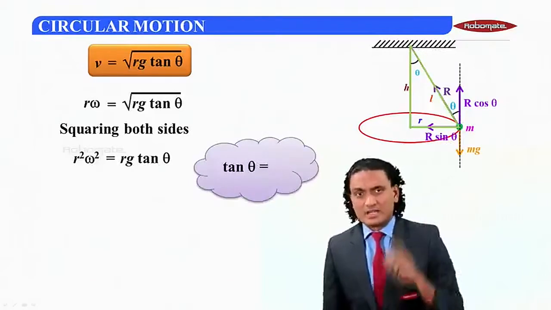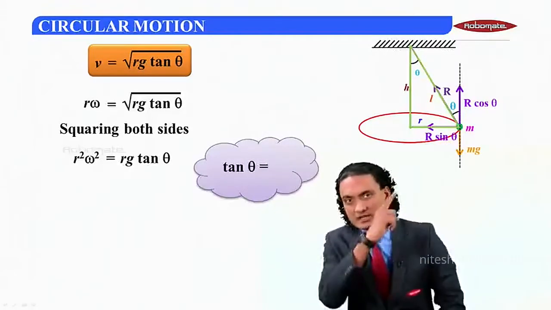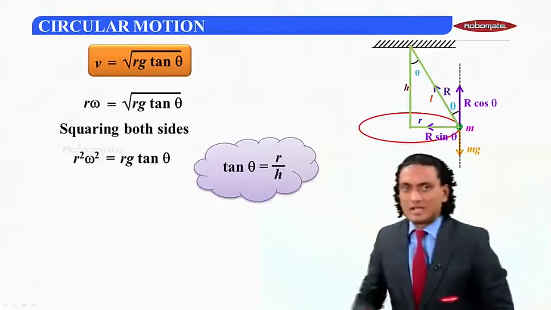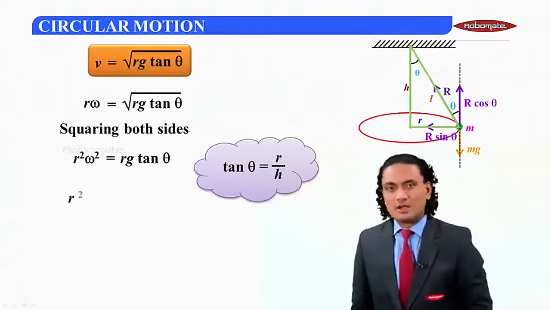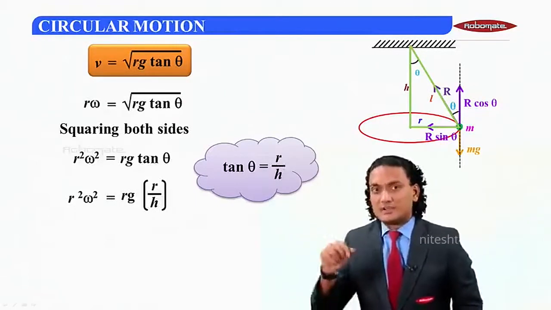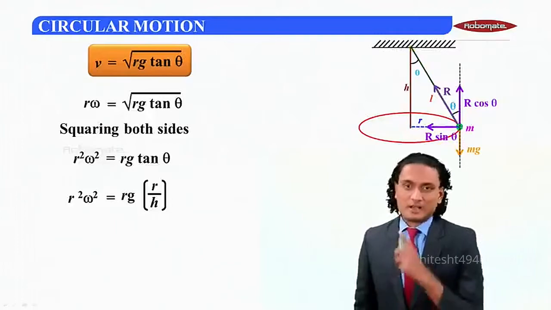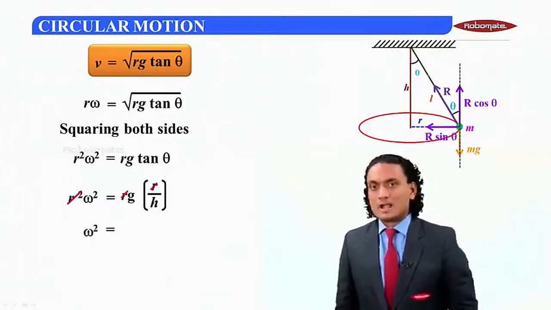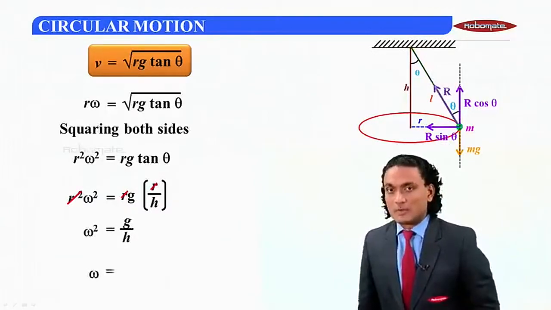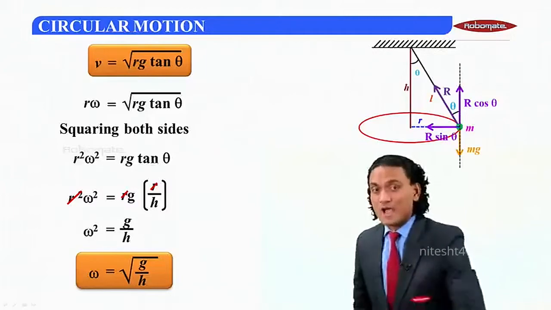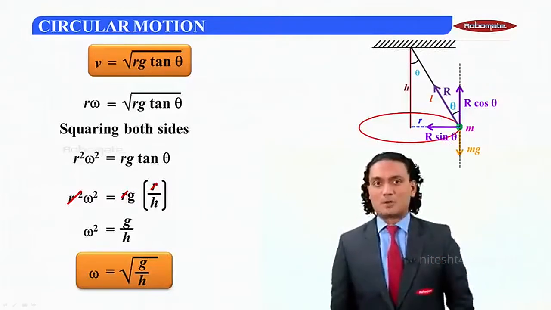Tan theta is opposite side upon adjacent side in this triangle. R is your opposite side, h is your adjacent. So tan theta is r upon h. I can substitute it there. I will get r square omega square is equal to rg into r upon h. Now you see, r square, r and r will get cancelled. So you will get omega square is equal to g upon h. What is omega? Omega is root of g upon h. This is the expression for angular velocity of the bob of the conical pendulum.